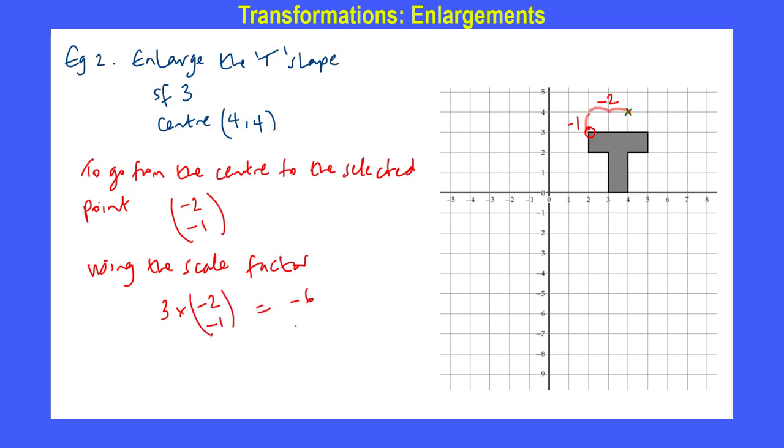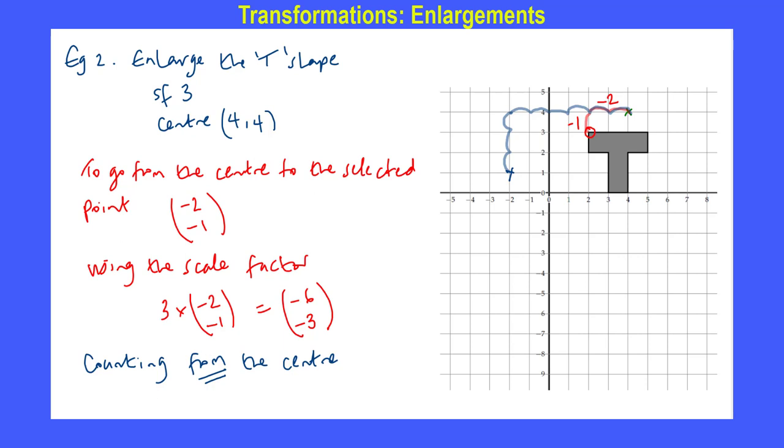And that's going to give us -6, -3. So going back to our centre of enlargement, counting -6, so 6 backwards, and then 3 down. And there, that point has moved to.